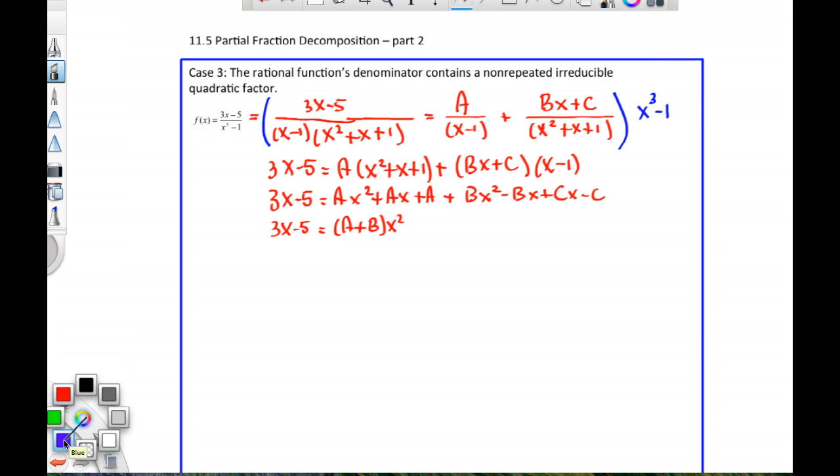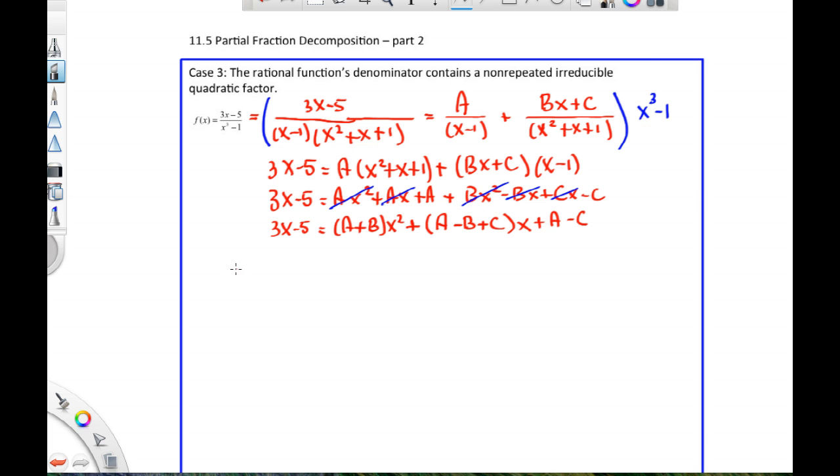That uses this one and this one. Then for the x terms, I have a times x minus b times x plus c times x. Since you have a bunch of stuff, it makes sense to cancel things out as you go along. And then finally we have plus a minus c.